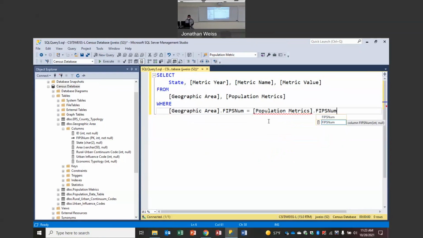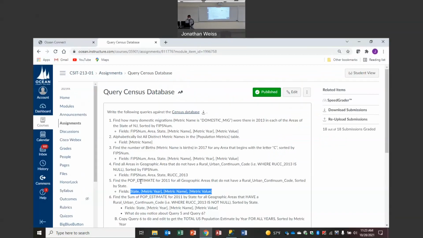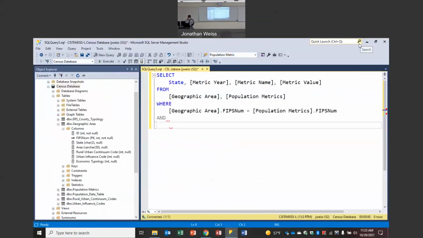That's our join predicate. And now we need our where predicate. It says pop estimate is the metric name, 2011 is the year, and rural urban continuum code has to be empty or null.